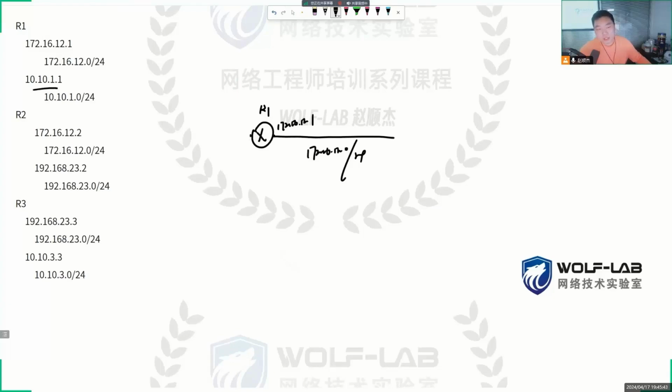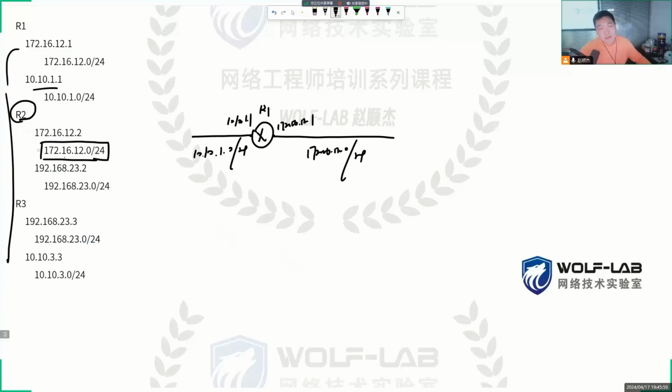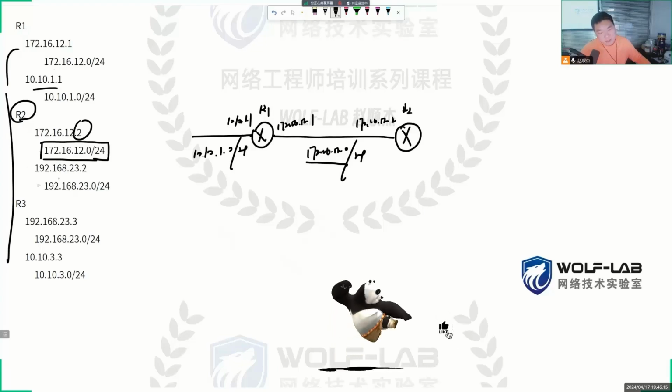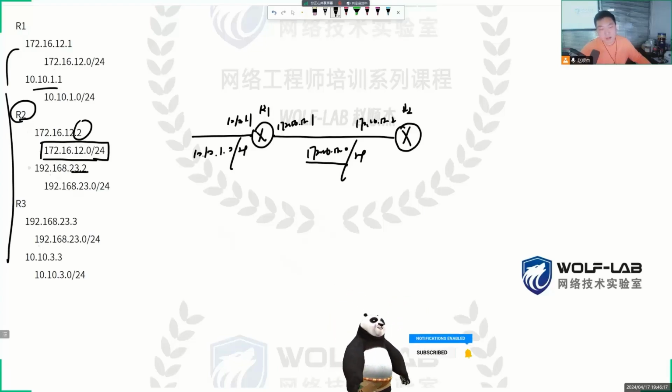What else do I see? I have another address, 10.10.1.1, connected to the 10.10.1.0/24 network segment. I look at the database again. There's a router R2, which also connects to 172.16.12.0/24, with address 172.16.12.2.